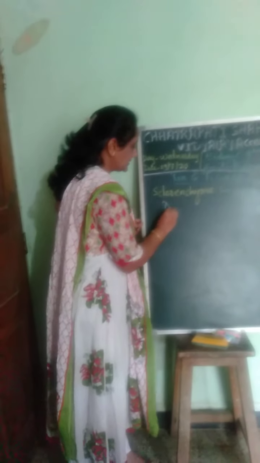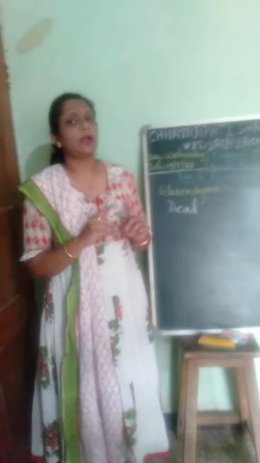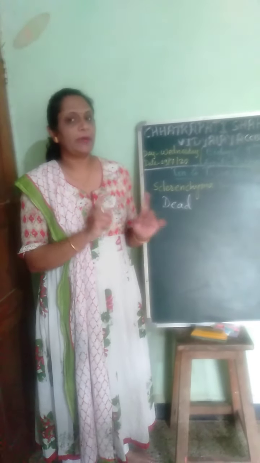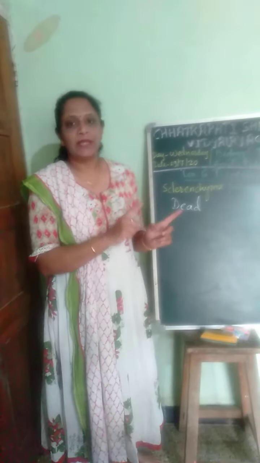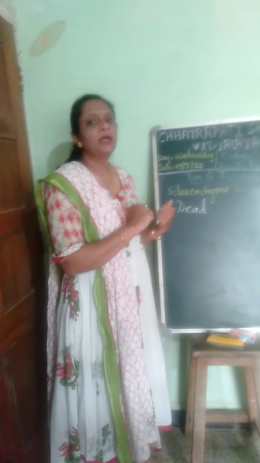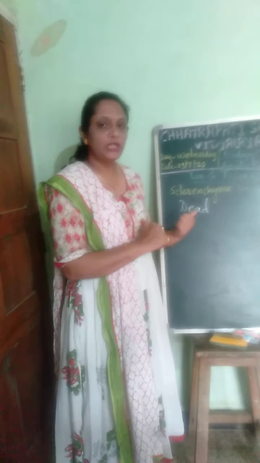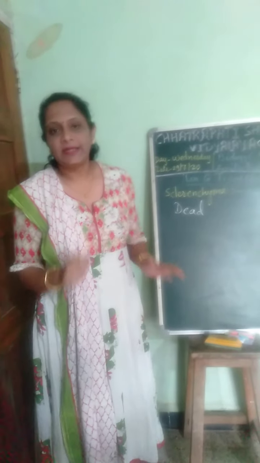Sclerenchyma are dead tissues. Okay, the cells present in the Sclerenchyma tissue are dead. Up till now we have seen parenchyma, live cells, Collenchyma, live cells, meristematic tissues, live cells are present. This is the first tissue which we are now studying, which has all dead cells.